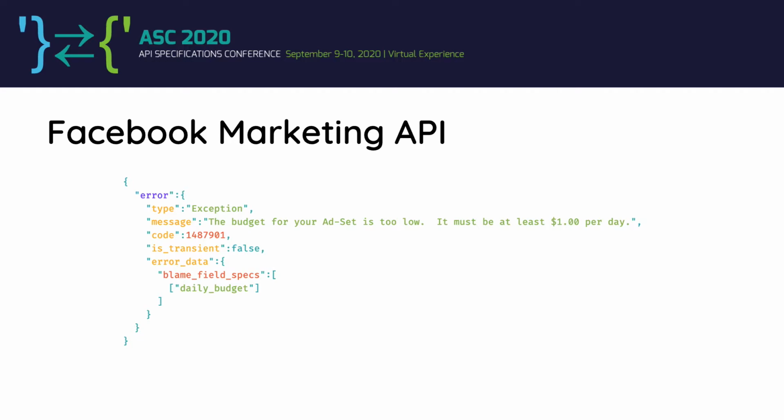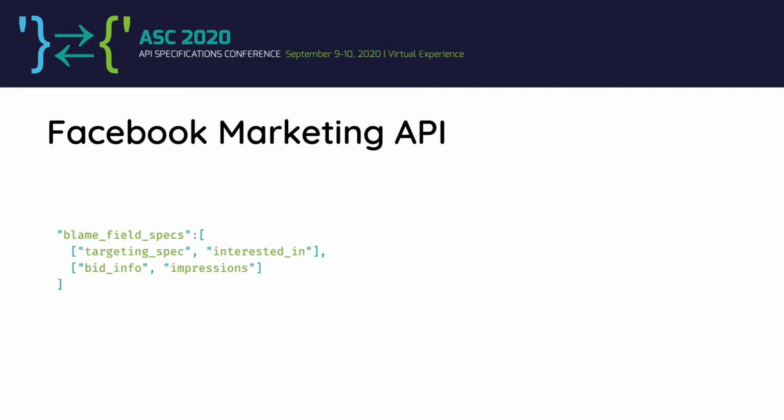Facebook's marketing API uses the same structure we just saw, but they're expanding it by adding an object called error data. In there, you have an array of arrays called blame field specs that shows where the error originates from. Here's a more complex example of what I just showed you, where you are seeing errors in two different places.